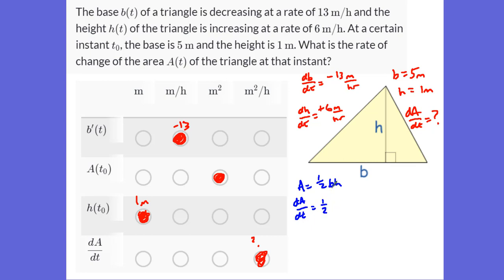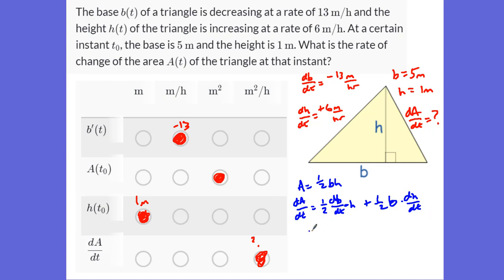The derivative of b is just 1. dB over dt times h plus, now I'm going to take the derivative of the height, 1/2 b times dh over dt. So you can see how I took the derivative of the base first, then the derivative of the height next in the product rule.